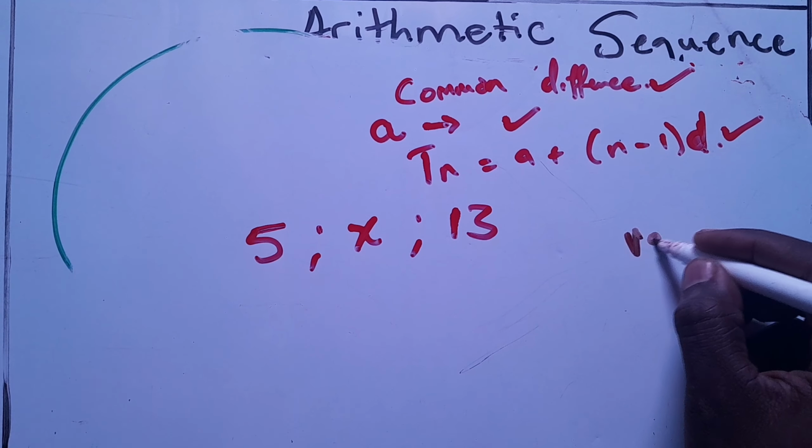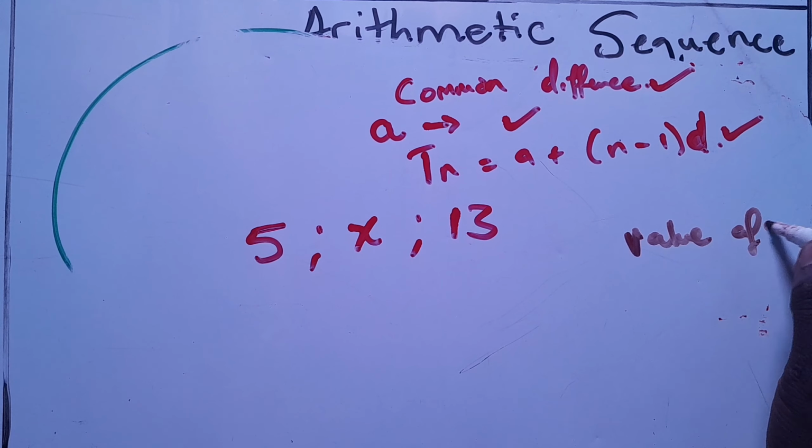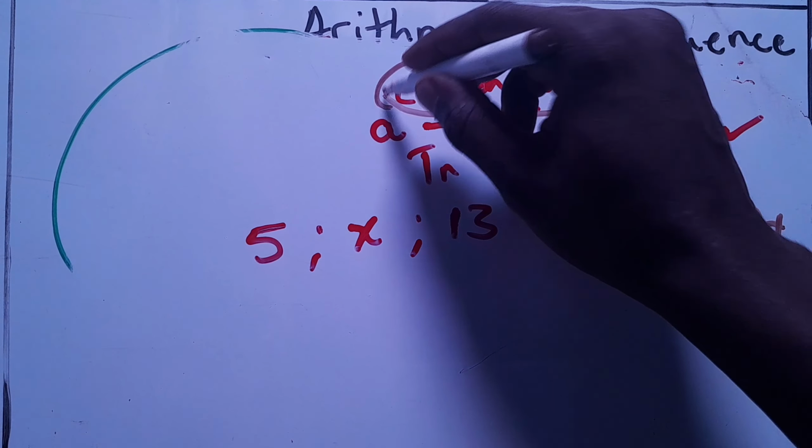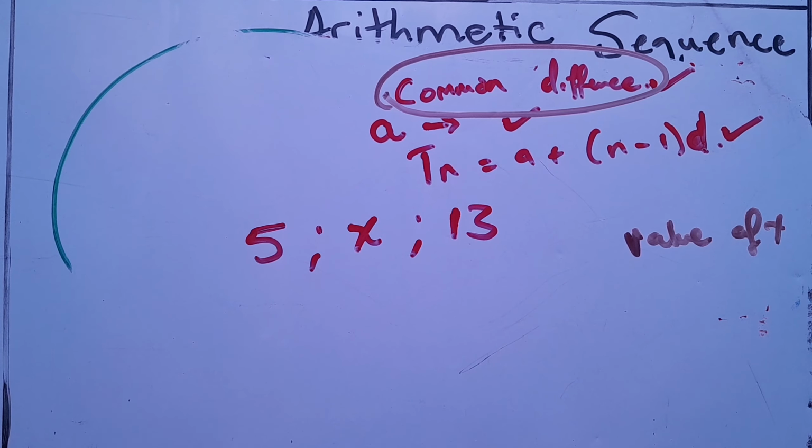So we need the value of x if this is an arithmetic sequence. We don't have to worry much about this. We know that in any arithmetic sequence, the common difference is constant. So we are going to use this property to find the value of x.